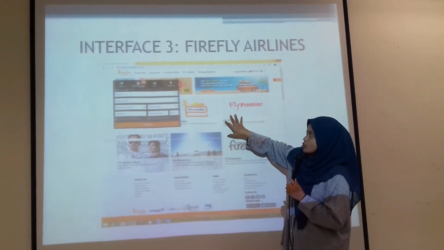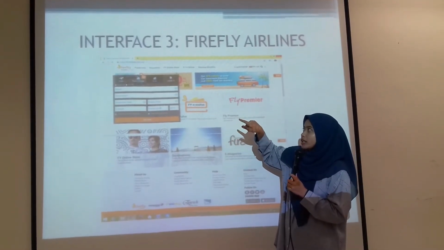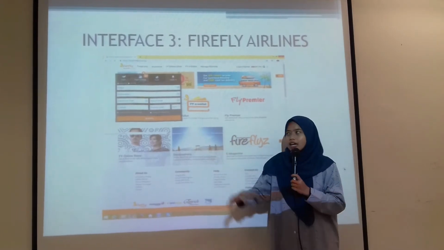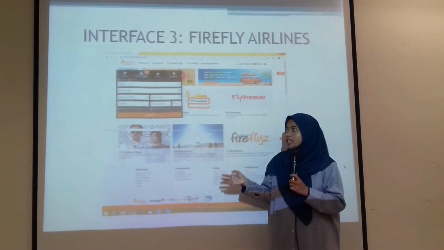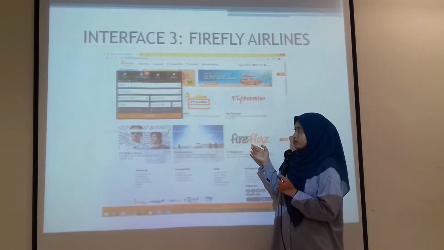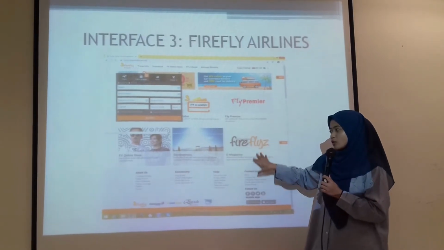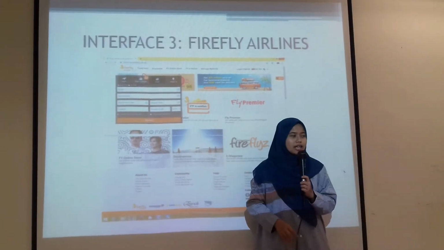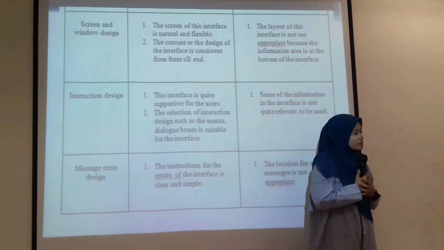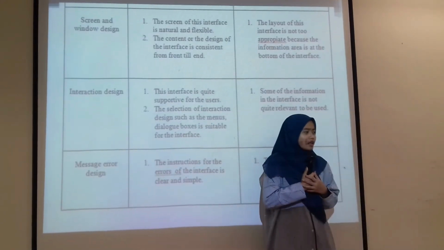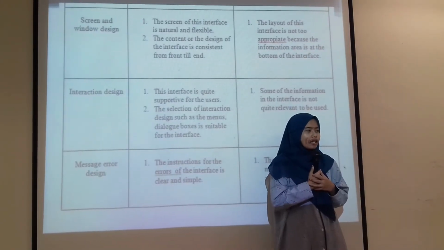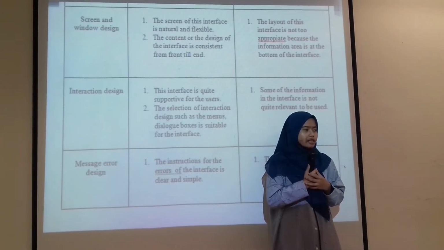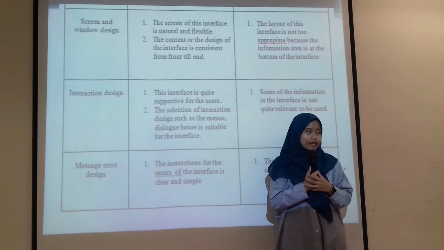Same goes if they click the travel info or the insurance. Their color is consistent, and their font is also consistent. So that is the benefit. But the weakness is that the layout of this interface is not too appropriate because the information area is at the bottom of the interface.